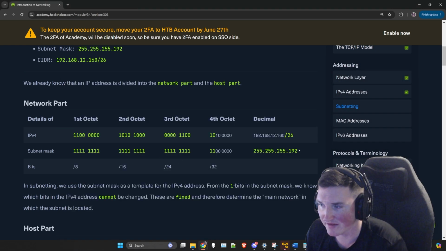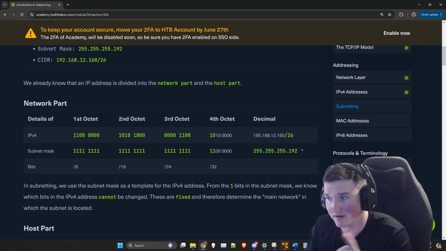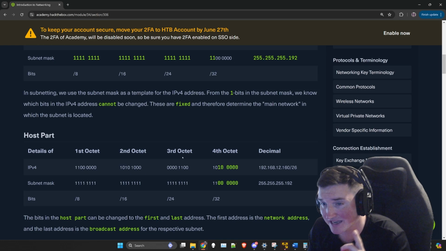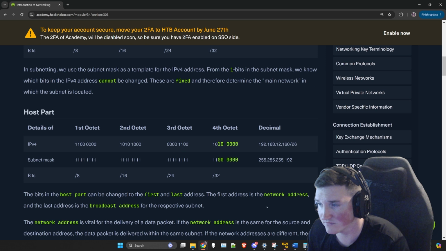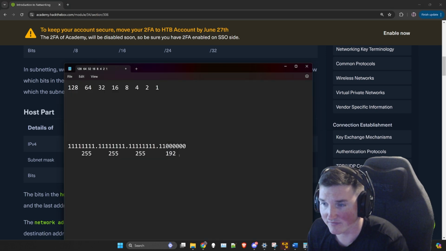Now you might say, why does that matter? Well, the subnet mask determines how many hosts you can get in here. So here's the host part. How many hosts can we put in this network if this is the subnet mask? Well, here's the beautiful thing. See all those zeros? Let's add them up.